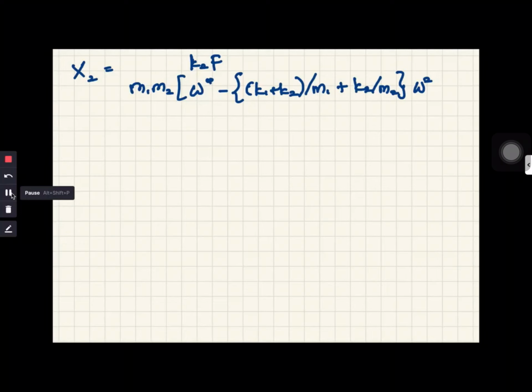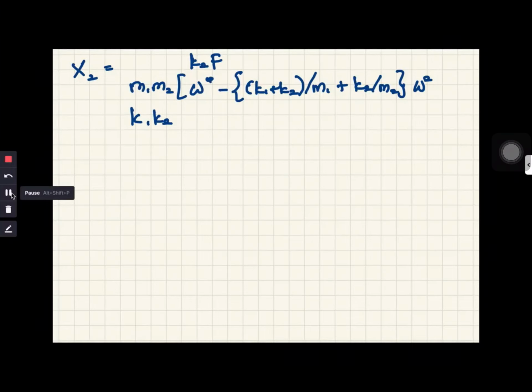And then continue down here, we'll have k1 times k2 divided by m1 times m2.